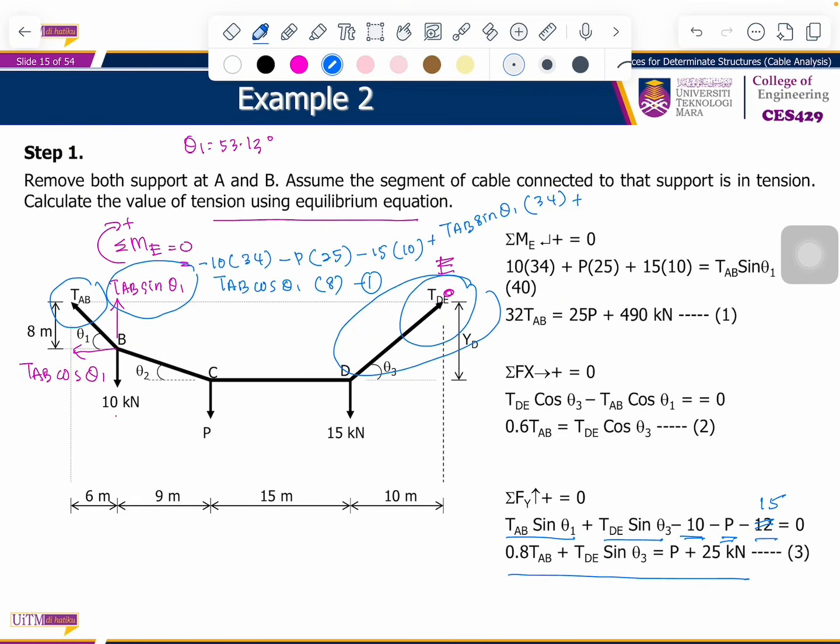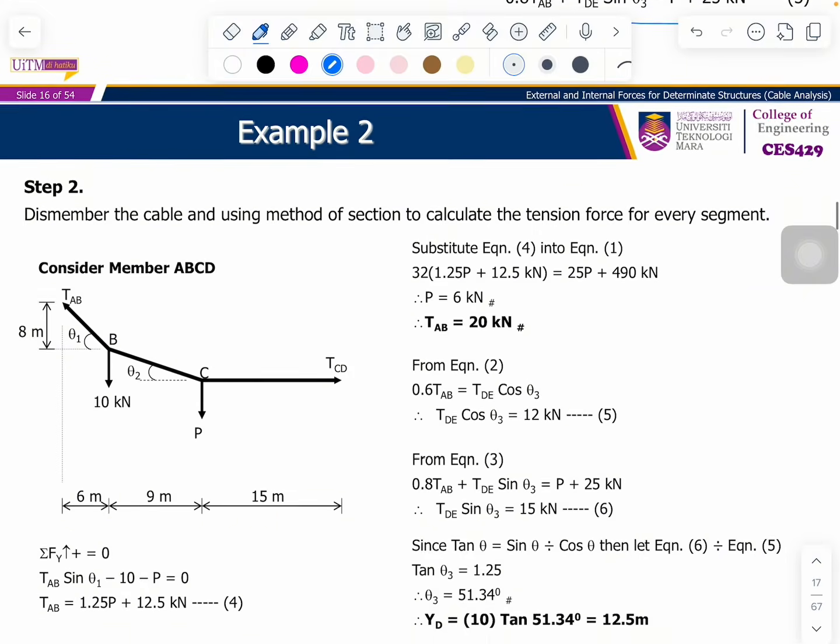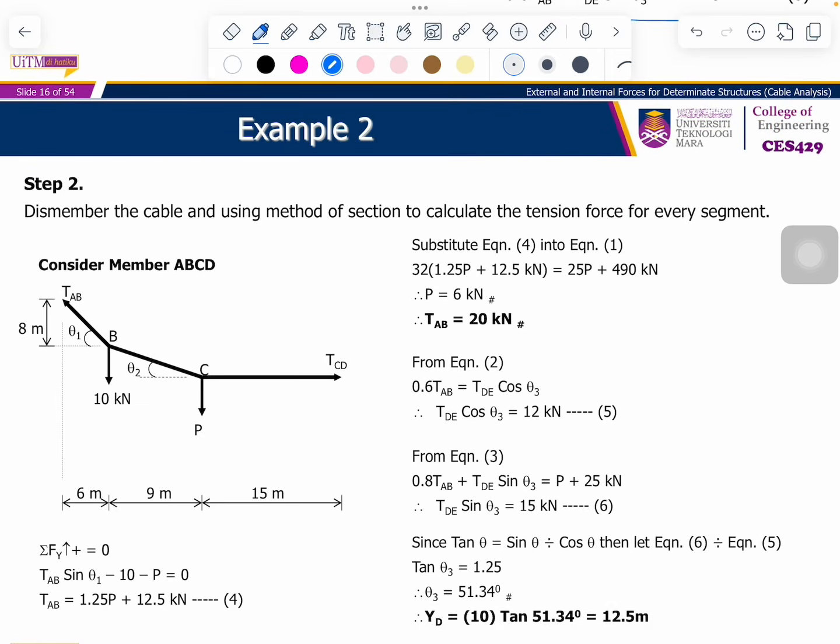Minus 10 minus 15 becomes minus 25, and when you bring it to the other side, it becomes positive 25 kilonewton. And then we move to step 2.